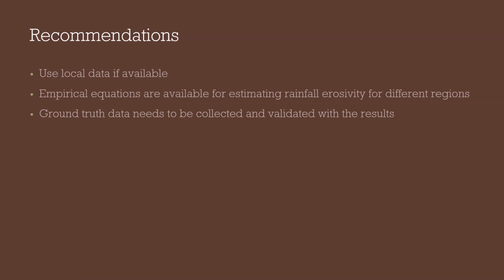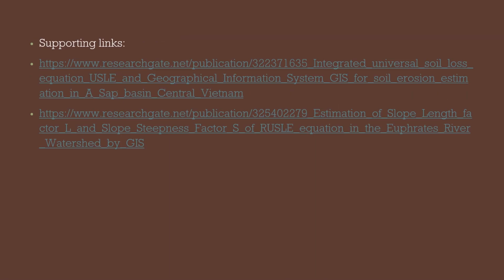In our case, the rainfall erosivity I think gave a bit of overestimation of the soil erosion. So the empirical equations are available for different regions, so we can check into literatures for that. Finally, the ground truth data needs to be collected and validated with the results so that we can improve our results. And these are some supporting links.